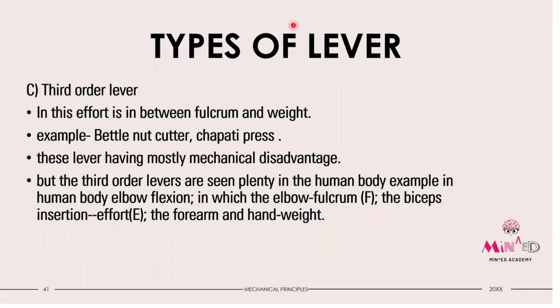So, can anyone tell me why the third order lever is more common in the human body? Because it doesn't have mechanical advantage. Okay, it helps in speed. So what's the benefit? Can anyone say?